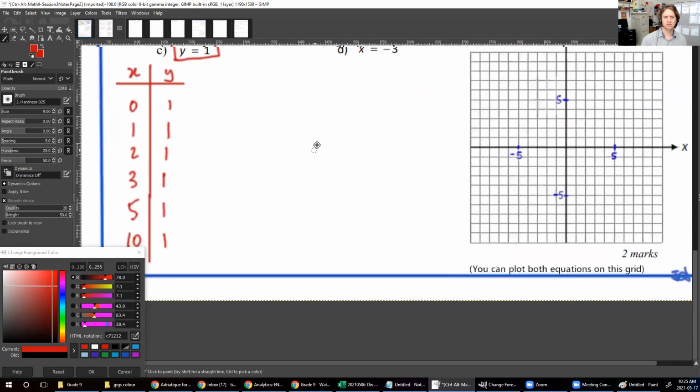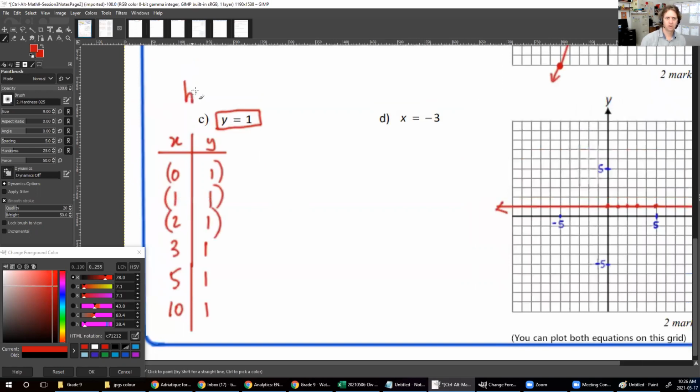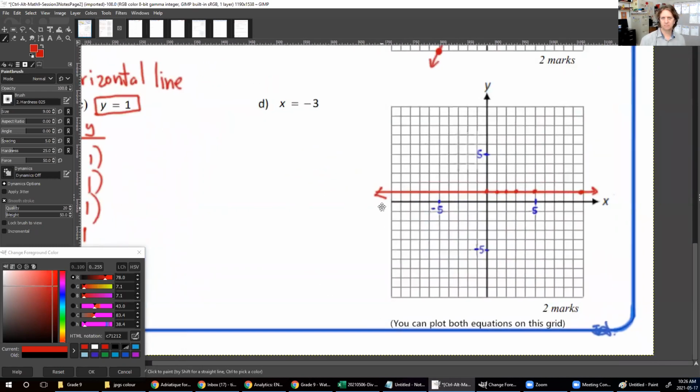So if we plot these, 0, 1, or 1, 1, or 2, 1, or 3, 1, or 5, 1, or 10, 1, what you'll see is that this is a horizontal line. And it'll just go on forever. It could be infinity. X is infinity. Y is still going to be 1. So it just keeps going in this direction.